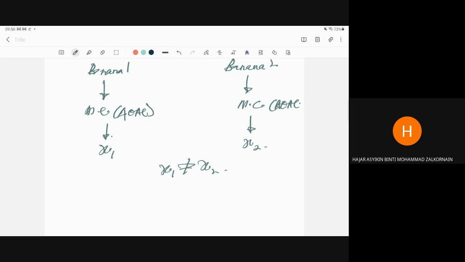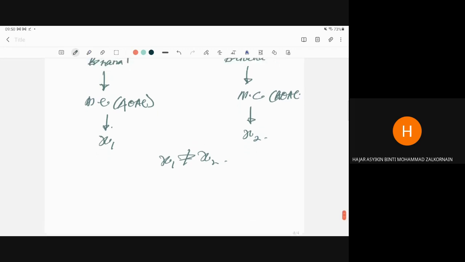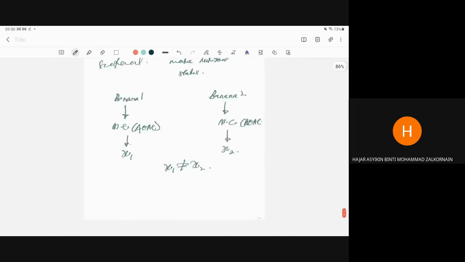Because of the heterogeneity of the samples. We cannot expect all the bananas to be exactly the same. So it is different from, for example, chemistry or physics, where we are dealing with a more pure, more homogeneous type of samples. So this is what happens.